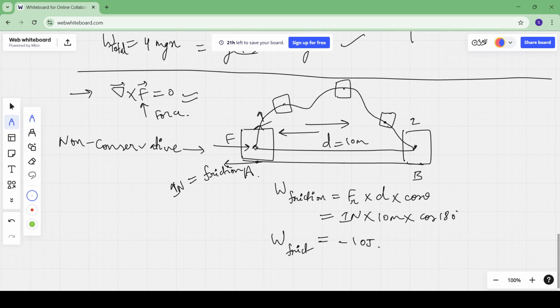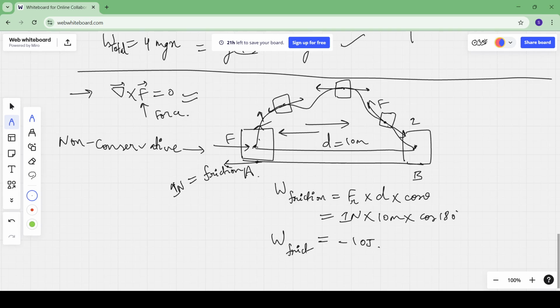You can see that the friction acts in other directions: when the object is moving in this direction, the friction is acting in this direction, and likewise for the other directions. You won't be able to calculate the total work done due to friction along this path because the angle is continuously changing, but you can answer this example intuitively.